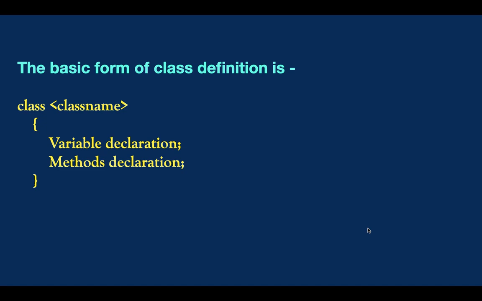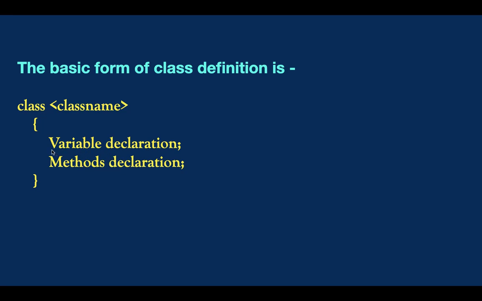Now the basic form of a class definition is simply the keyword class with the class name. You can use any particular name, but make sure that it is not a keyword. Then curly bracket open and curly bracket close. Whatever we put inside this is called the body of a class, and inside the body we declare some variables, and at the same time we declare and define some methods also.